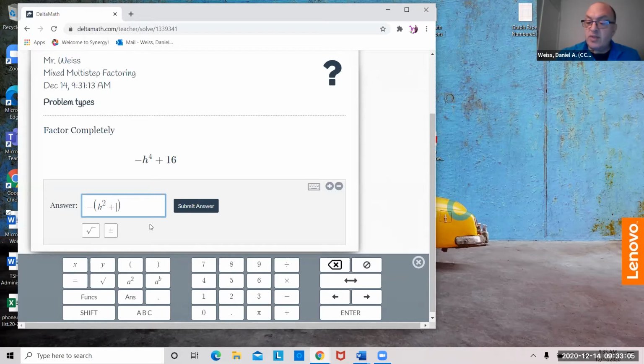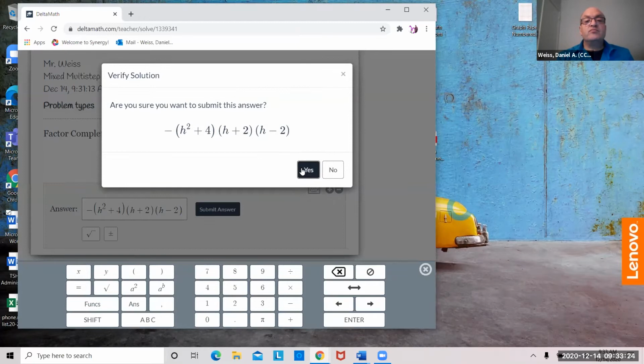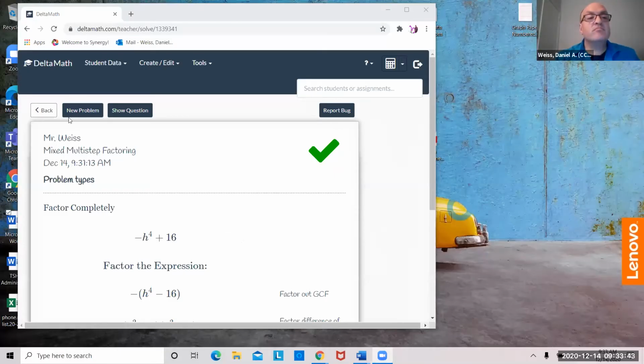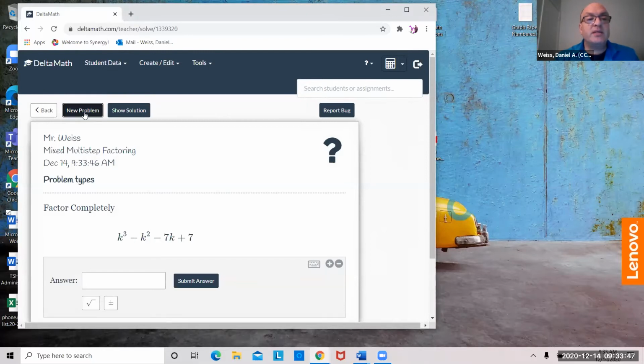H squared plus 4, and then you have h plus 2, h minus 2.